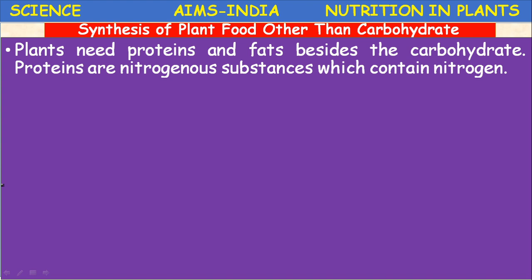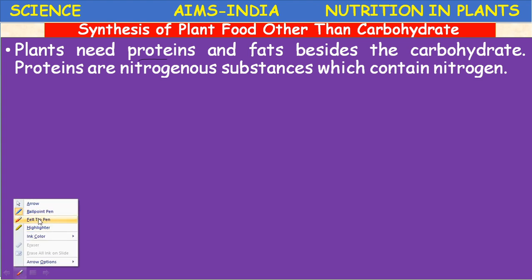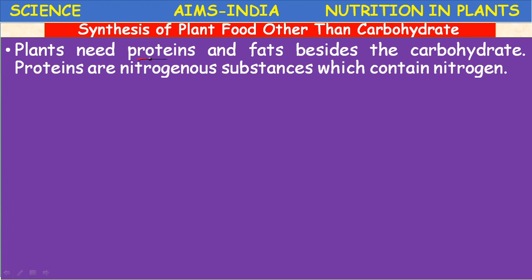They need different types of nutrients. So these proteins, fats, besides carbohydrates, plants also need proteins and fats. The proteins are nitrogenous substances which contain nitrogen.